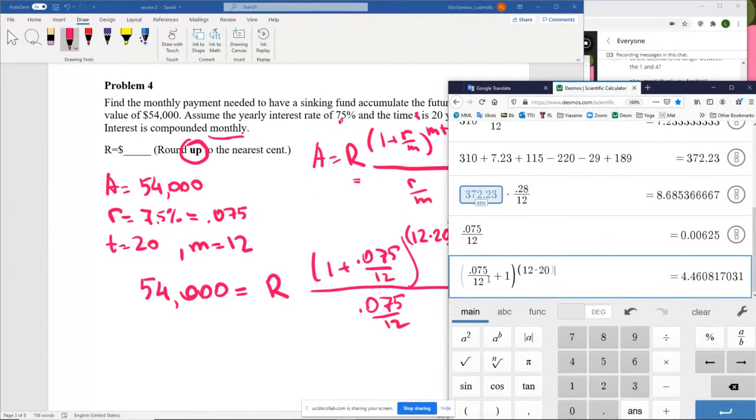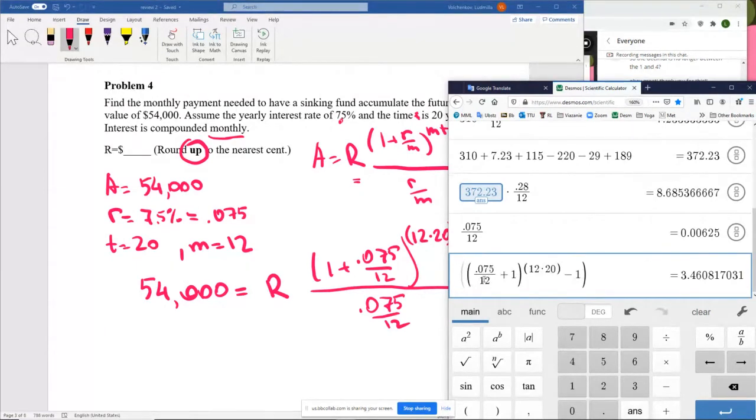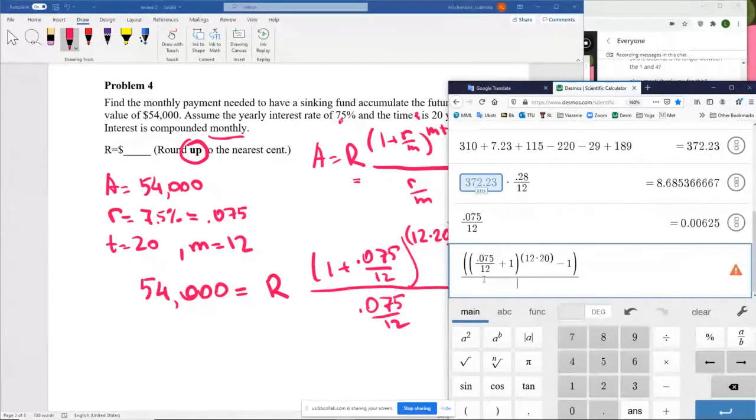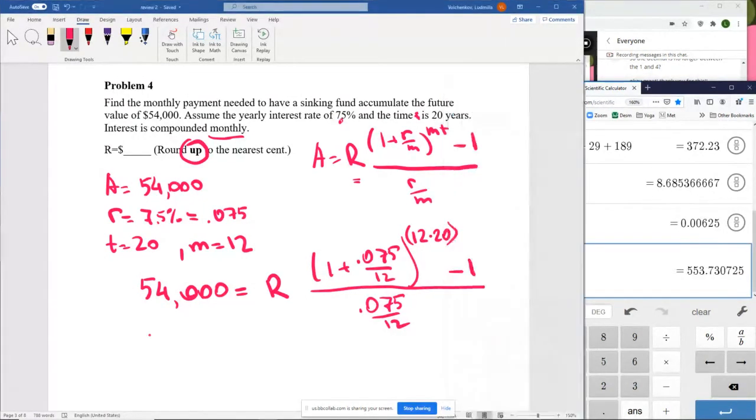I like to make it in my head, but experience shows that it is better to prove every step with a calculator. So minus 1, so according to our formula, this is the value in the numerator. And then we divide this by r over m, which is 0.00625.